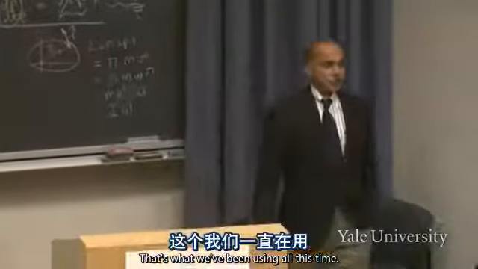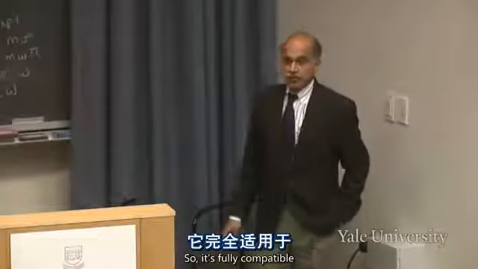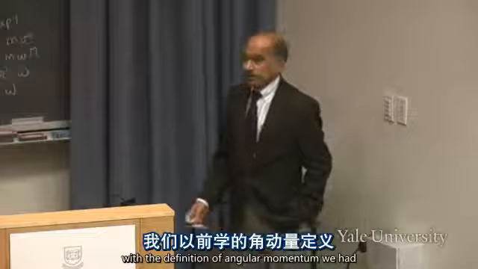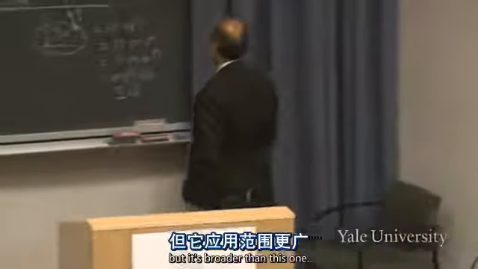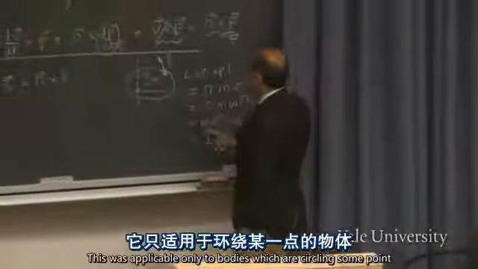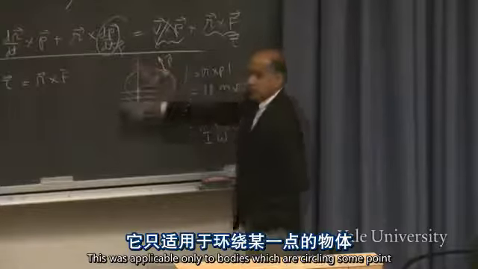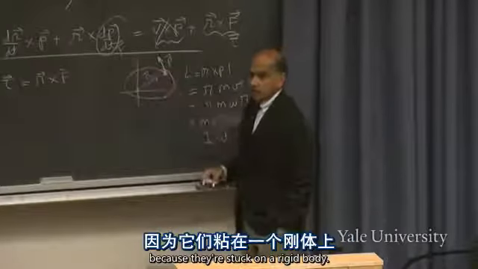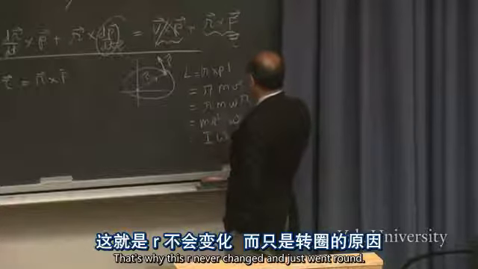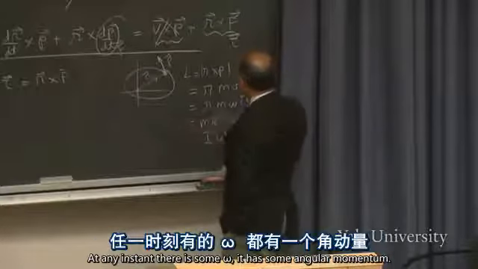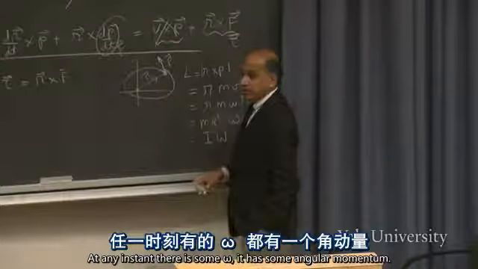That's what we've been using all this time. So it's fully compatible with the definition of angular momentum we had. But it's broader than this one. This was applicable only to bodies which are circling some point because they're stuck on a rigid body. That's why this r never changed, and it just went around. At any instant, if there is some omega, it had some angular momentum.